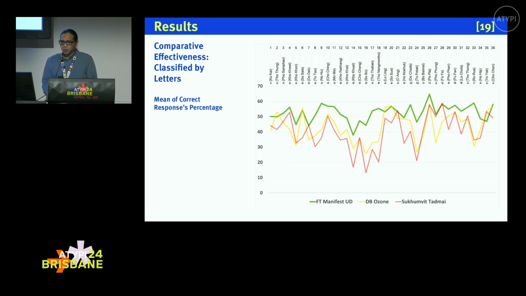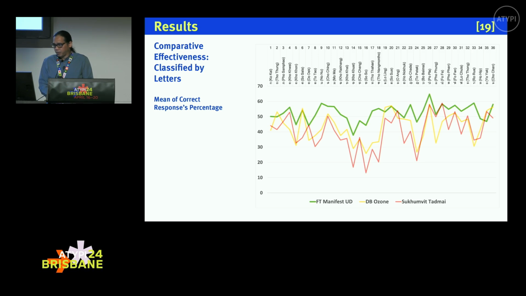For the result classified by letter, this is the result of the mean of the correct response percentage. In the graph, the green line is the result of FT Manifest UD. The yellow line is the result of DB Ozone.